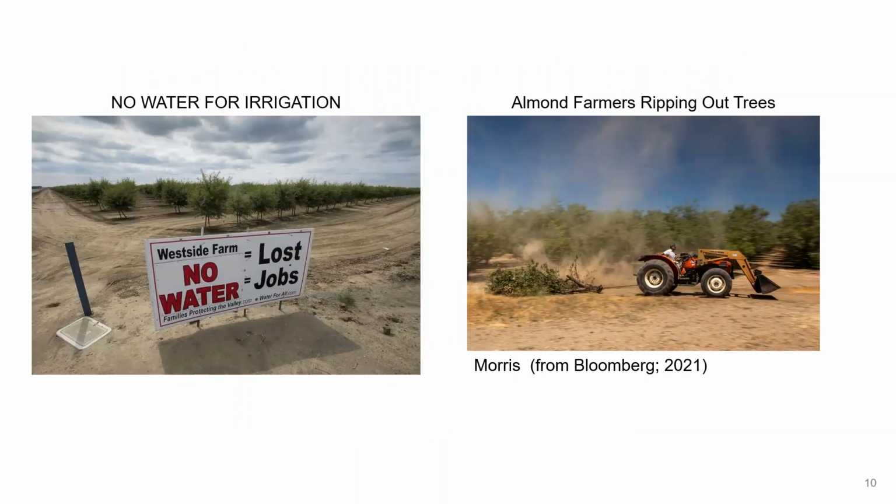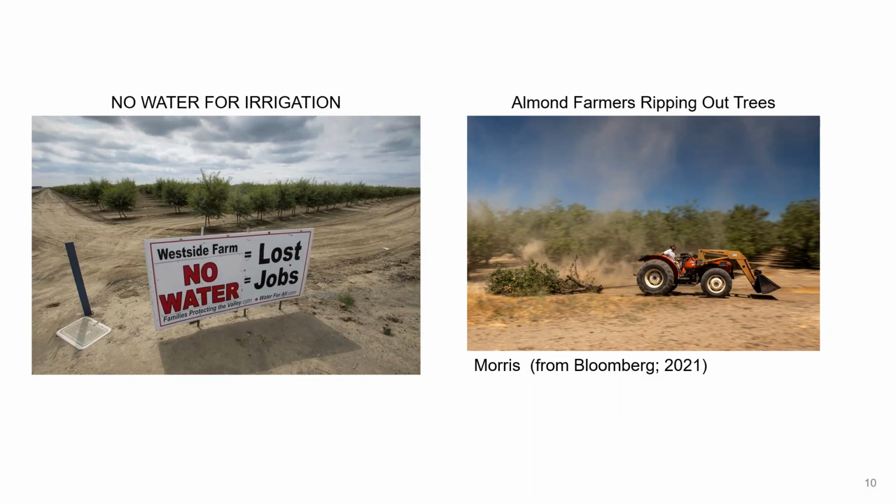And if you actually live in this region, this groundwater sustainability is something that you can actually feel. These are images not taken by me, but you can easily see them if you drive from here in the Northern California Bay Area to LA, crossing the Central Valley. Those are the sceneries that you would see. Farmers are saying there's no water for irrigation, so they're losing their jobs.